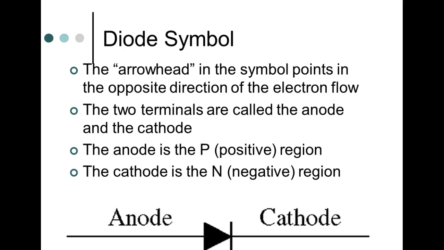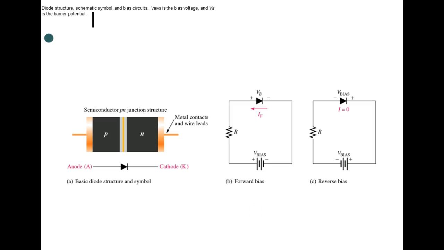Y'all understand that? If you measure a positive on the cathode and a negative on the anode, if you measure a negative on the cathode and a positive on the anode, you might as well throw the diode away. It's bad. So I've never said that, right? I said the cathode has to be negative in respect to the anode, right? You understand? Or the anode has to be positive in respect to the cathode. They can both be negative or they could both be positive.